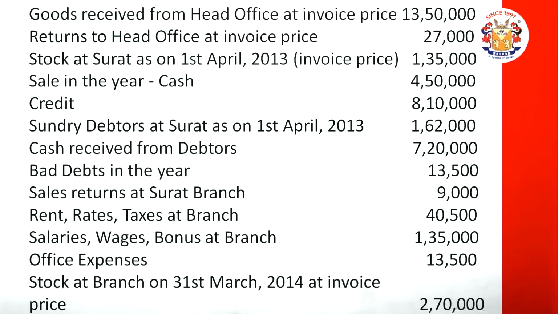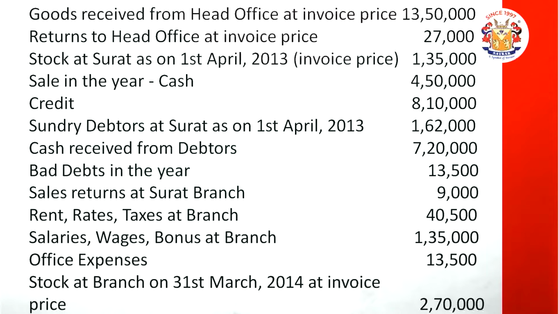Okay, during the year transactions are here. Goods received from head office at invoice price 13,50,000. In the given question, there is no separate indication regarding goods sent by HO to branch. So goods received from HO equals goods sent by HO.